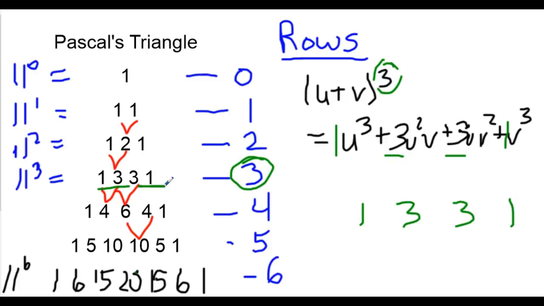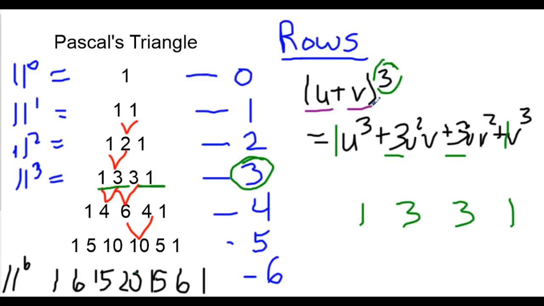So anytime we're taking a binomial, two terms, and raising them to some power, say the 7th power, if I go down to the 7th row in Pascal's triangle, I know what my coefficients need to be in front of each term.